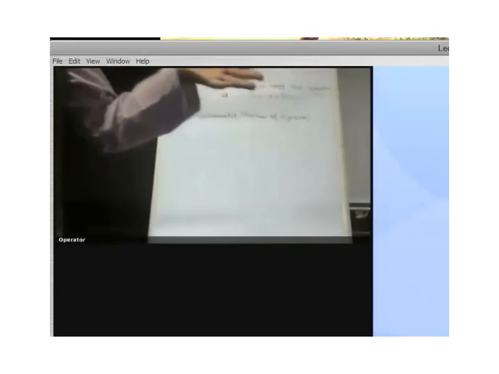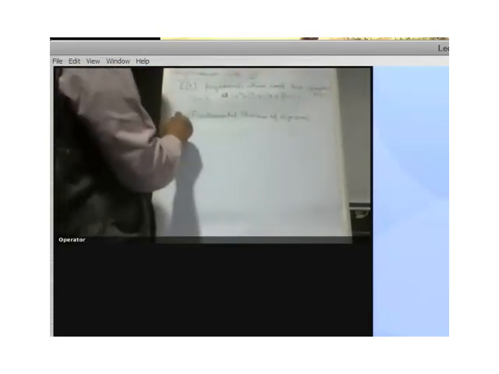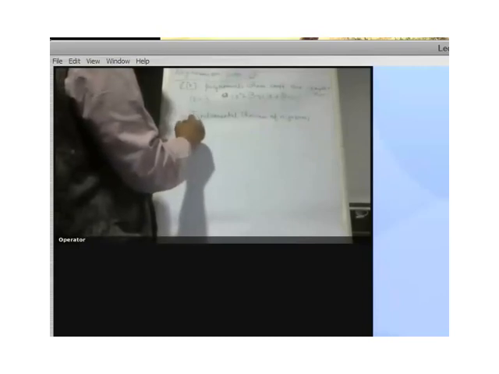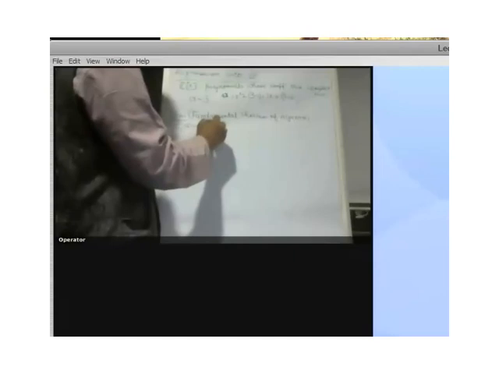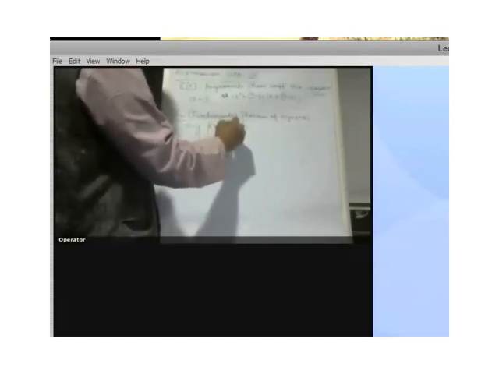Now what does it say? Remember, what is the root of a polynomial? If you can find the value of x such that the polynomial vanishes, is equal to 0, right? It says every polynomial with complex coefficients has a complex root.